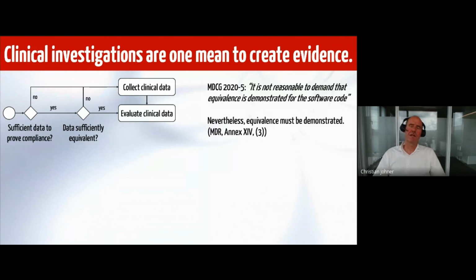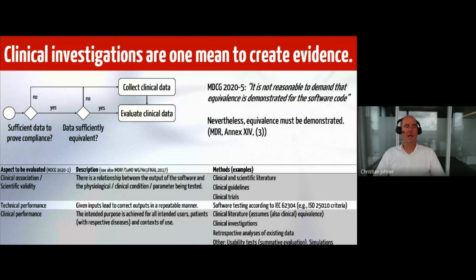If you compare things, and if you are afraid that you really have to make a clinical investigation, we should think about what you actually have to prove. In another MDCG document, they say what the aspects to be evaluated are. There are 3 different aspects: clinical association, technical performance, and clinical performance. For technical performance, you typically do not need any clinical study or clinical investigation at all.